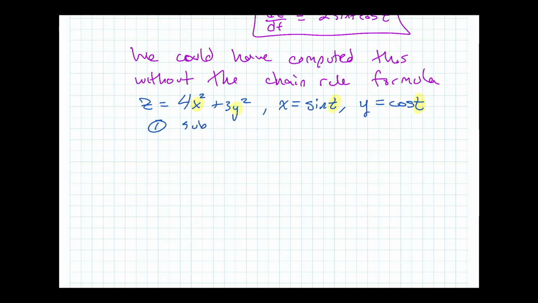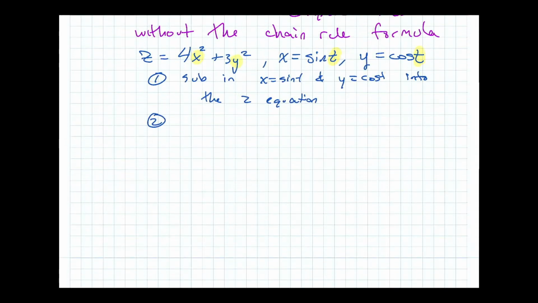So you could sub in x equals sine t and y equals cos t into the z equation. And if I had asked you to calculate this derivative without telling you how to do it, that's how some of you would have tried to do it.